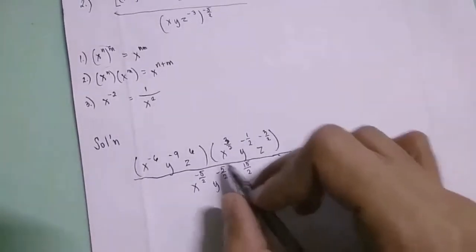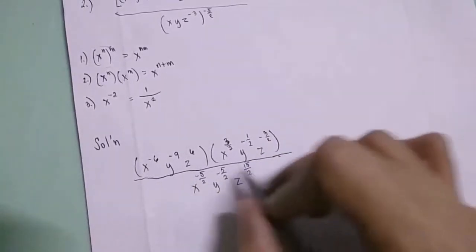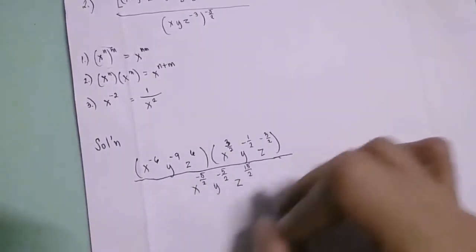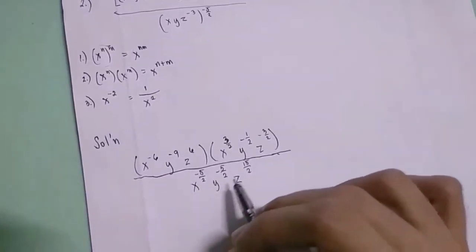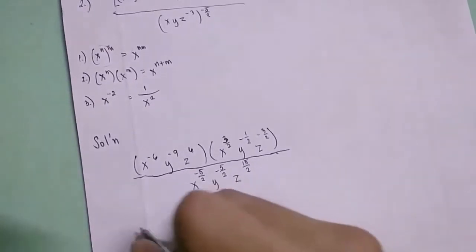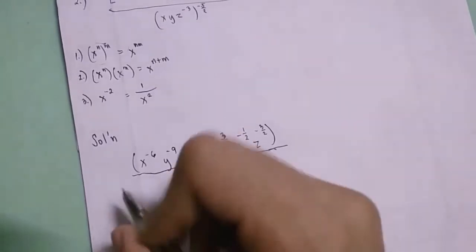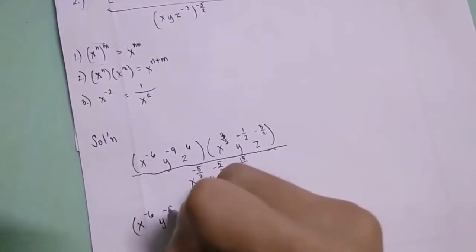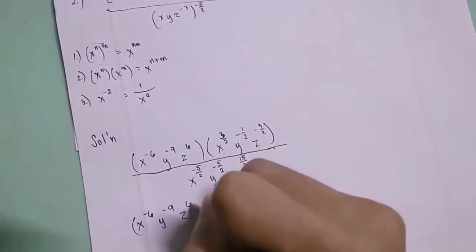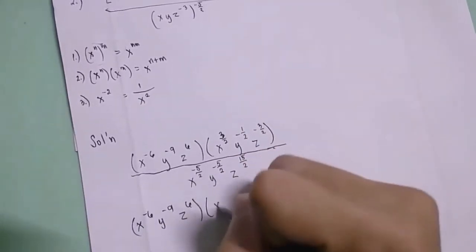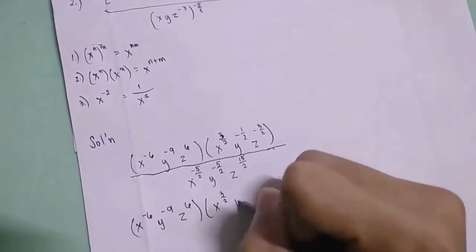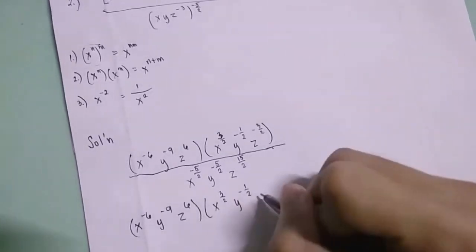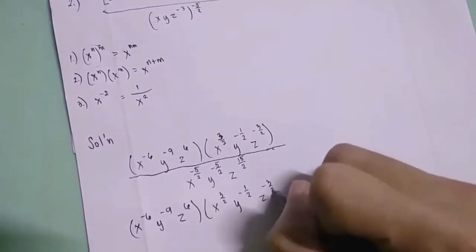So let's get the reciprocal of this, guys, so we can come up with a positive exponent. x raised to negative 6, y raised to negative 9, z raised to 6, x raised to 3 halves, y raised to negative 1 half, and z raised to negative 3 halves.